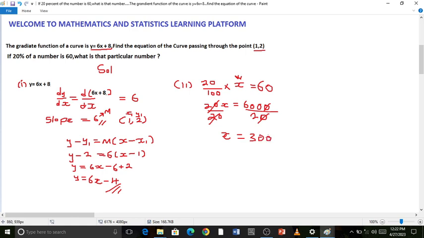So that means 60 is 20% of 300. We have found that particular number whose 20% is 60.